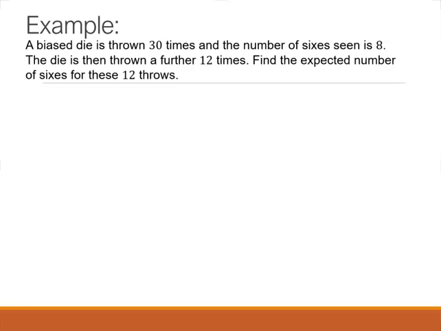What is the number of trials? Not 30. It's 12. Right? Are there 2 true outcomes, success or failure? Yes. What is success? Getting a 6. What's failure? Not a 6. Everybody's okay? Now, not a 6 could be 1, 2, 3, 4, 5, but we don't care.